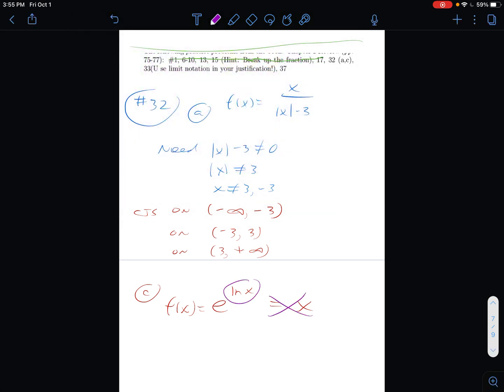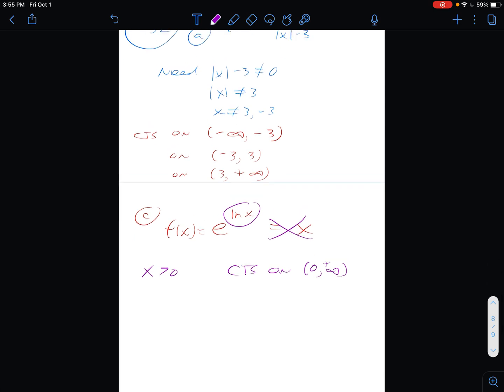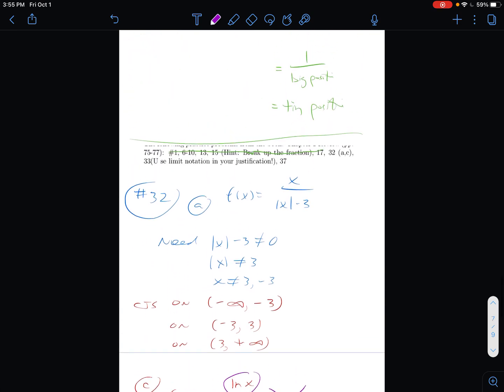We need natural log of x to exist in the first place, and that only happens when x is greater than 0. So that's where this function is defined, and that's where it's continuous. If you were to graph it on your calculator, literally typed in like that, it would look like y equals x, but it would start at the origin. So that's just a little trick.